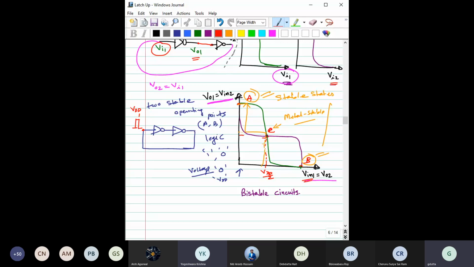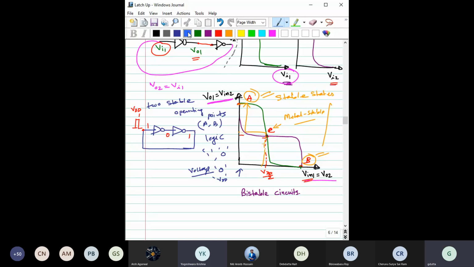Say I have given a triggering pulse with a certain time duration, and the amplitude of the pulse is VDD. So then basically I have given 1 here. That will force the output to be equal to 0. If this is 0, that will force the next output to be equal to 1. If this is 1, then this is in feedback with 1.